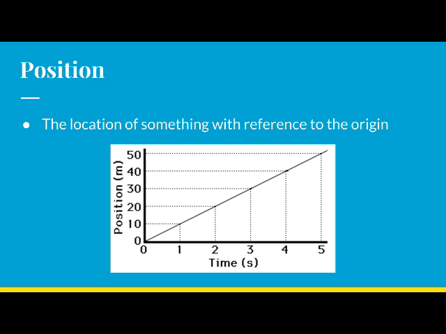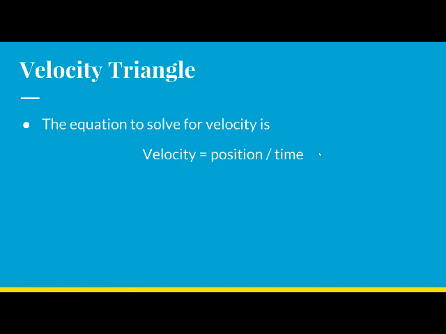So you go 20 meters in 2 seconds, 20 divided by 2 is still 10 meters per second. It makes sense, and you get this nice straight line, and that means that the velocity is always 10 meters per second on this graph. So that's how you solve for velocity: position divided by time.